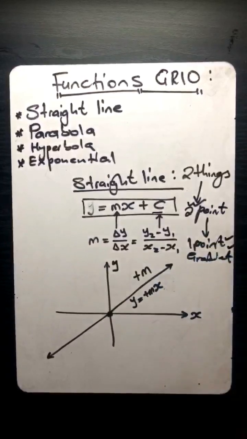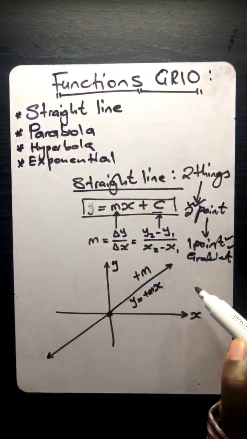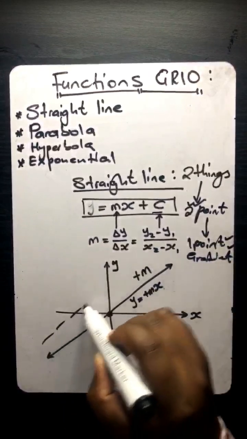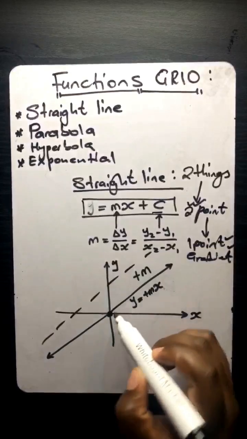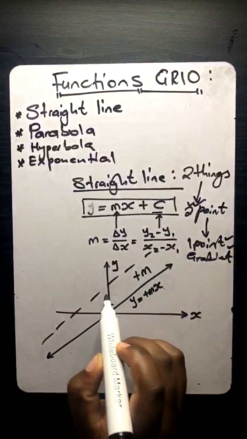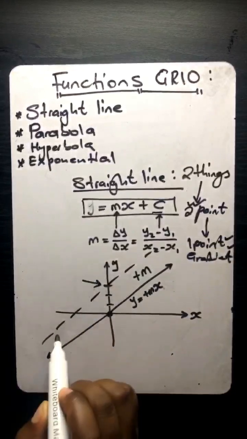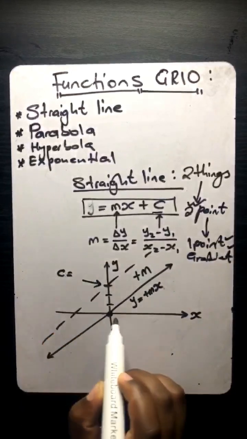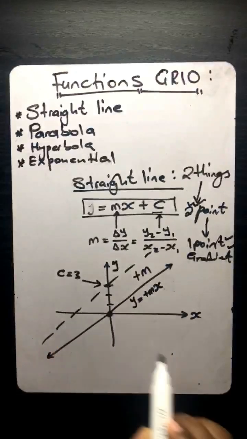But it can happen that this straight line shifts vertically upwards. Let's say it passes somewhere there. It has shifted upwards by 1, 2, 3 units, meaning this point is your c value, which is no longer 0 but has a certain value, which could be positive 3.